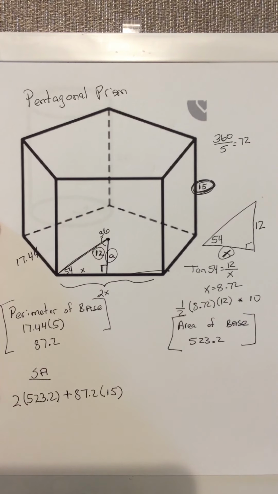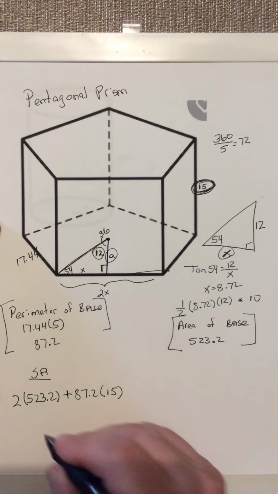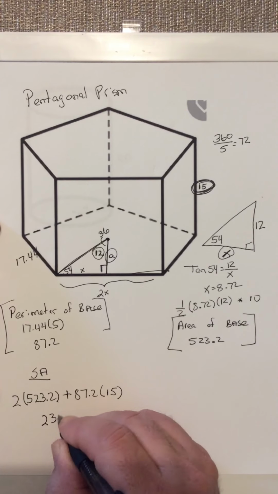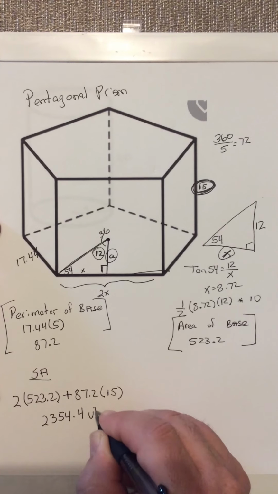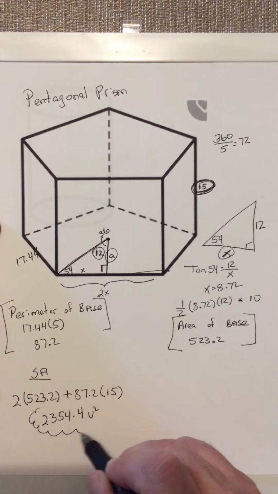So 2 times 523.2 plus 87.2 times 15. If I pushed everything in my calculator right, that's 2,354.4 units squared because it's surface area.